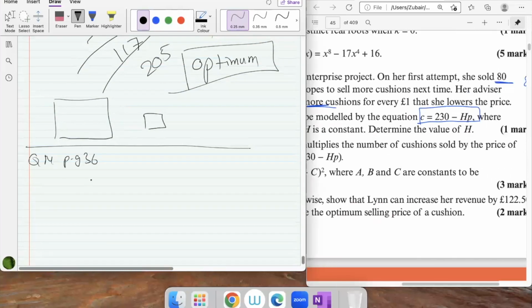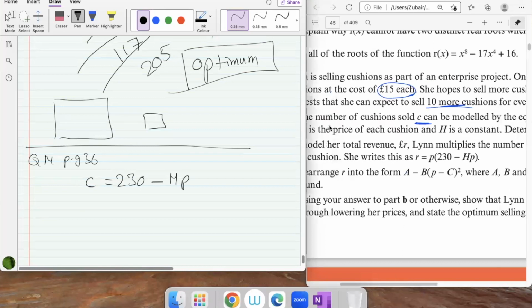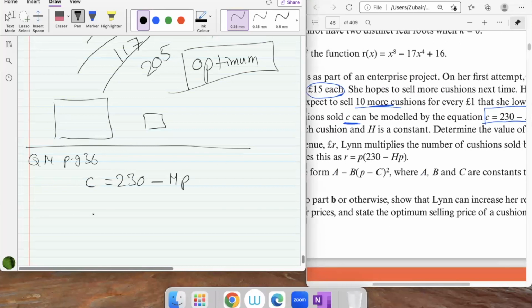And the equation is C equals 230 minus HP. Now, C is the number of cushions sold. So she sold 80 cushions. 230 minus H is unknown.